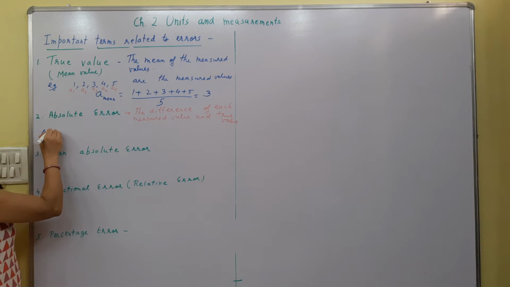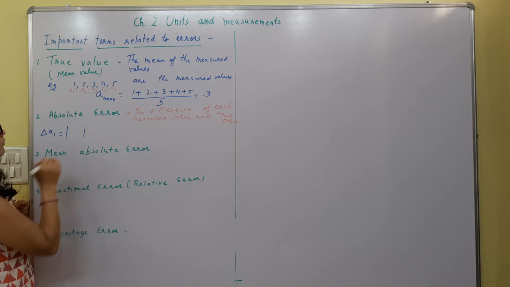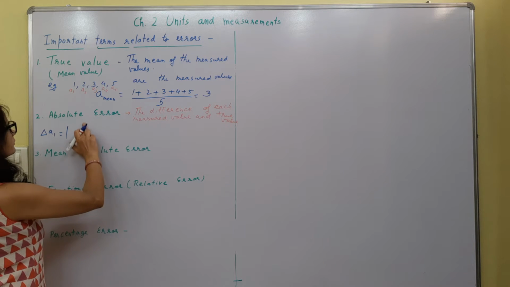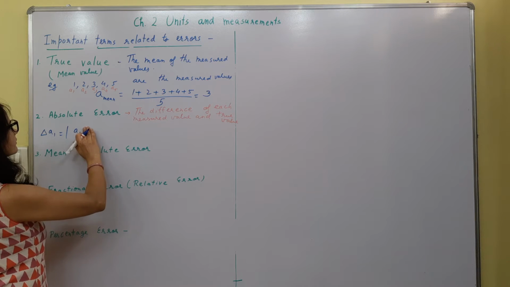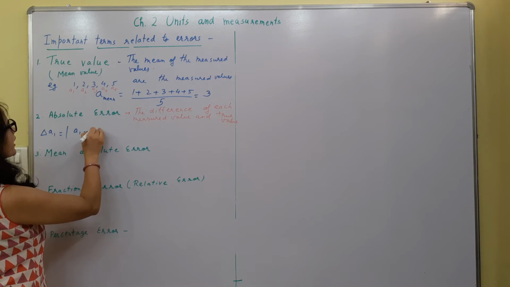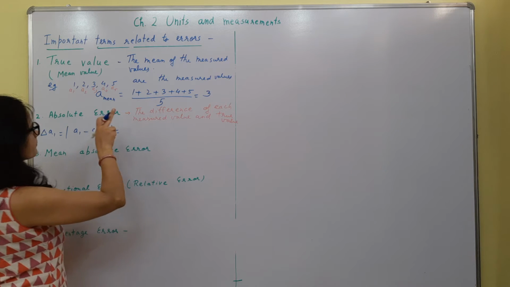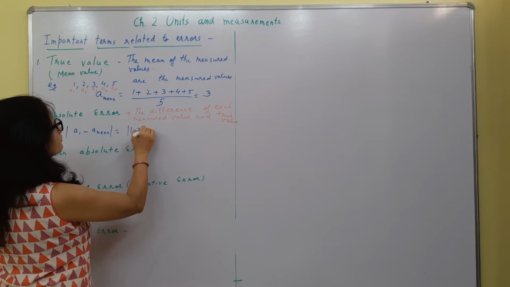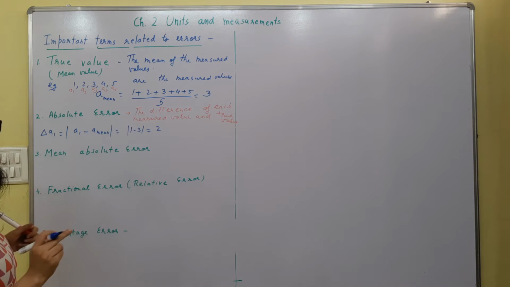How will I find that? Delta A1, I'll find the positive value, so I'm writing a mod here. So this will be the difference of A1 and A mean. This is 1 minus 3, so this gives me a positive value of 2, because this will be minus 2 and this will be 2.